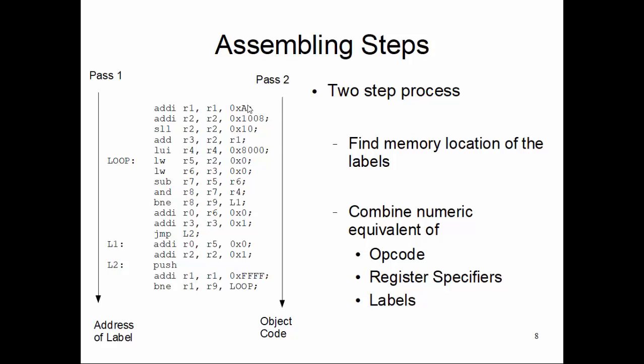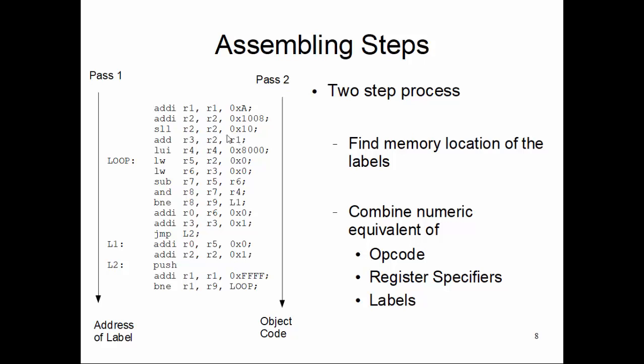Your first instruction goes in one memory address, and then the second instruction goes in the successive memory address, and so on and so forth. So each of these instructions is stored in a memory address.